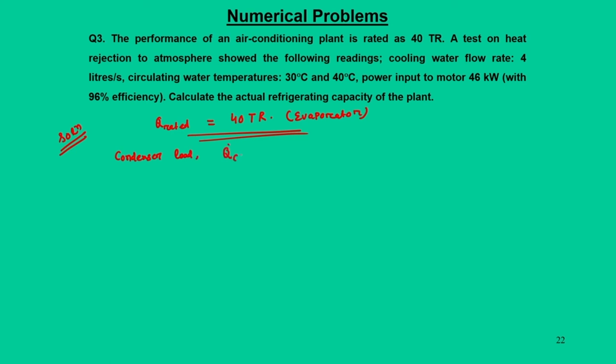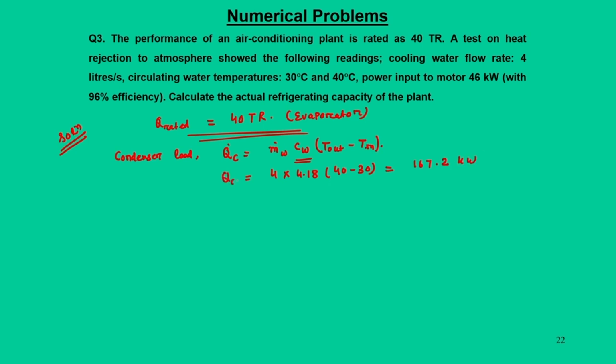So, we say Q dot C is nothing but m dot water times specific heat of water times the temperature difference T out minus T in. Now, m dot is 4 liters per second, C is the specific heat of water, that is 4.18 kilojoule per kg Kelvin, and T out minus T in is 40 minus 30. When you multiply this, we get 167.2 kilowatt. So, the condenser load is 167.2 kilowatt.